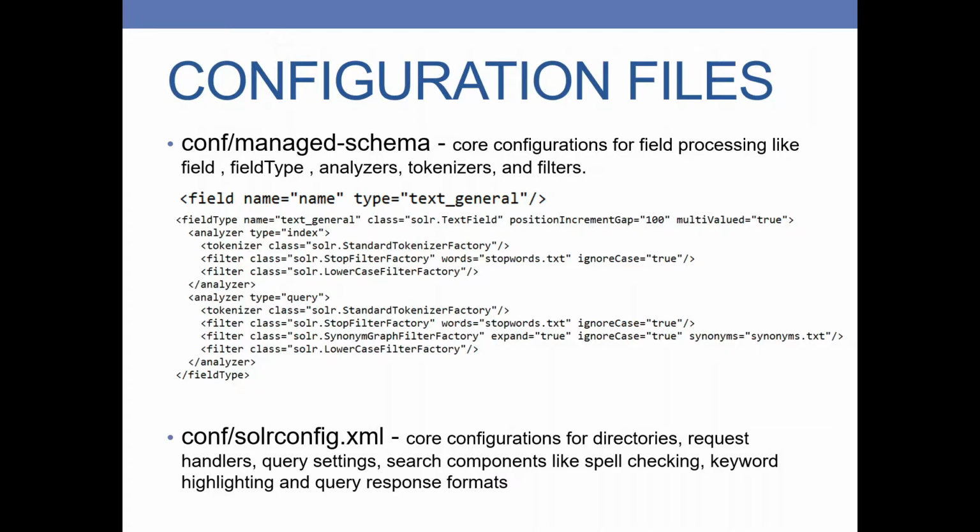And also there are multiple filter factories, like here we are converting all the text to lowercase. Similarly, in the query time, you could add tokenizer and filter. And here in the query time, I think there is also a filter added for synonyms. So similarly, you can configure your own set of rules for tokenizer, filter, and analyzer.